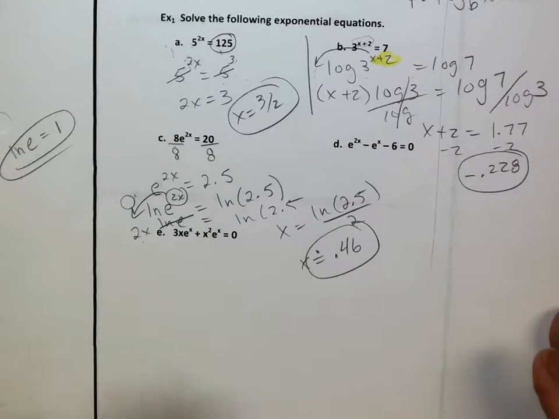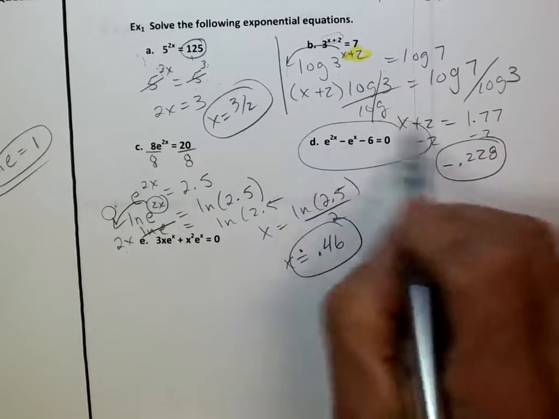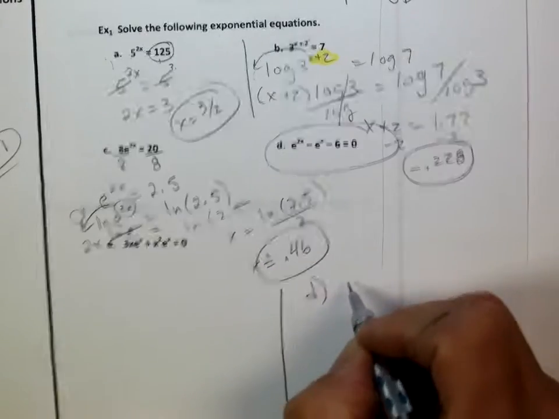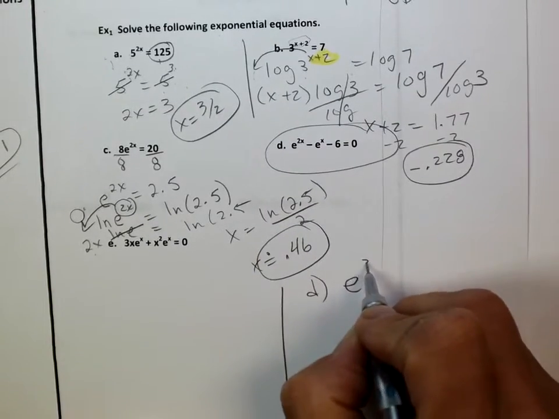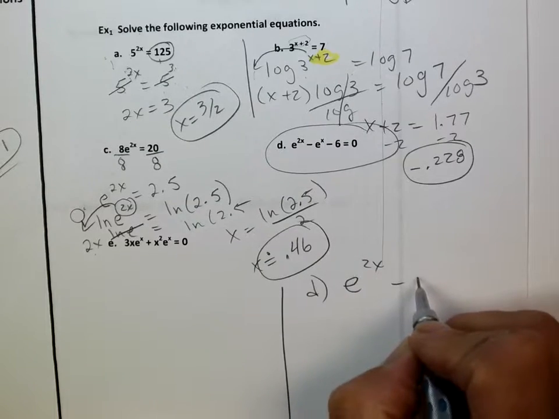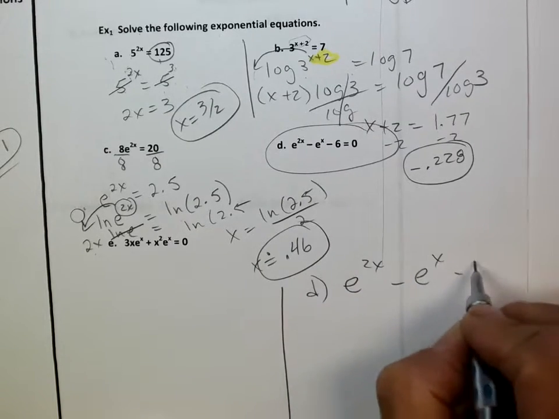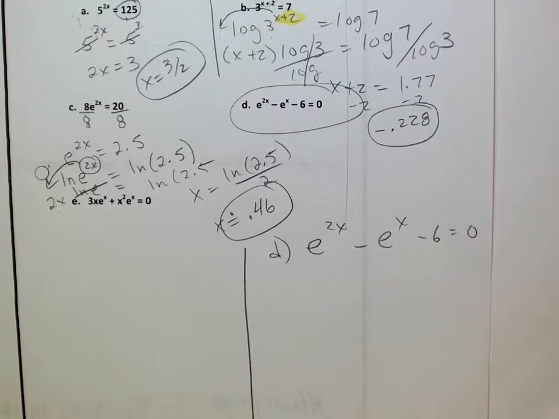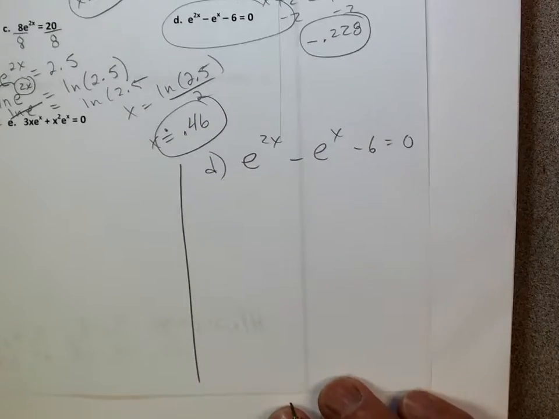Alright, D. I'm running out of room, but D is a little bit harder, so I'll do D here, okay? We'll squeeze D in over here. Alright, e to the 2x minus e to the x minus 6 equals 0. Okay, now, looks to me like a factoring problem. Looks like I'm going to factor.